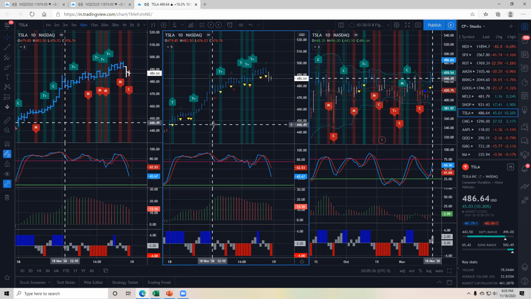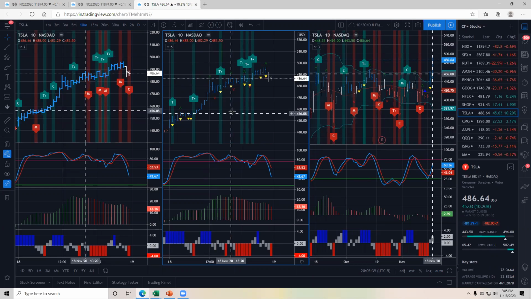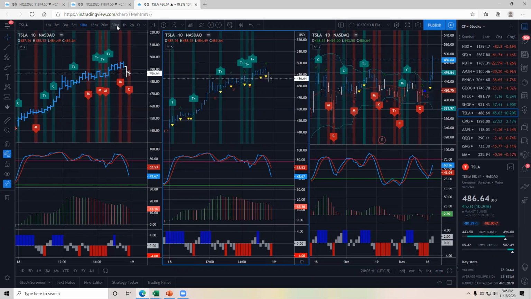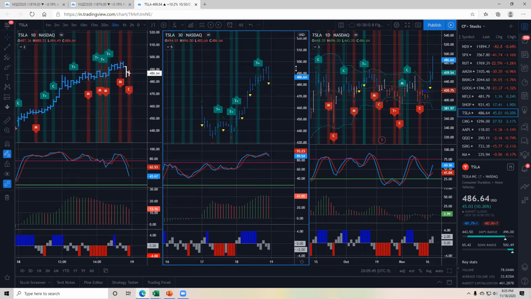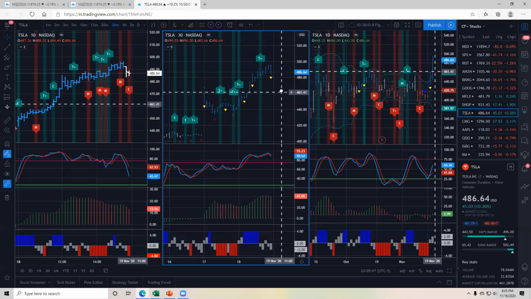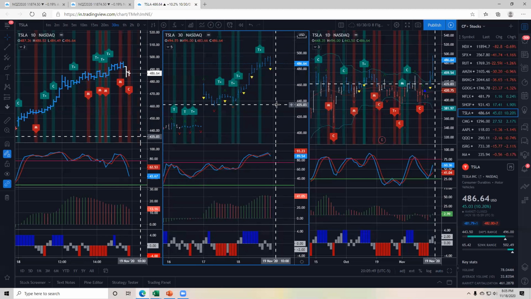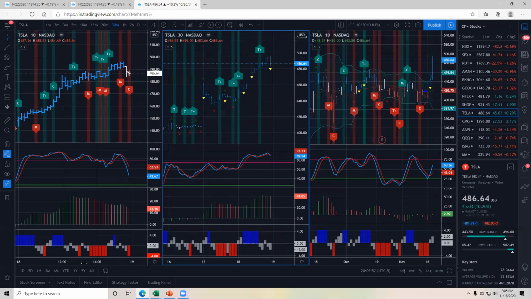And if all you did was you looked at, say, a 10-minute or a 30-minute chart, and you just looked at the trend bias signals, the trend continuation and trend bias signals, so that's the T and the T plus, you're going to find that there are a lot of opportunities.